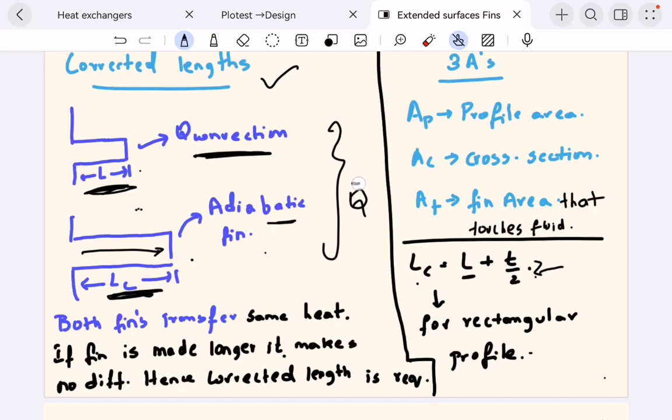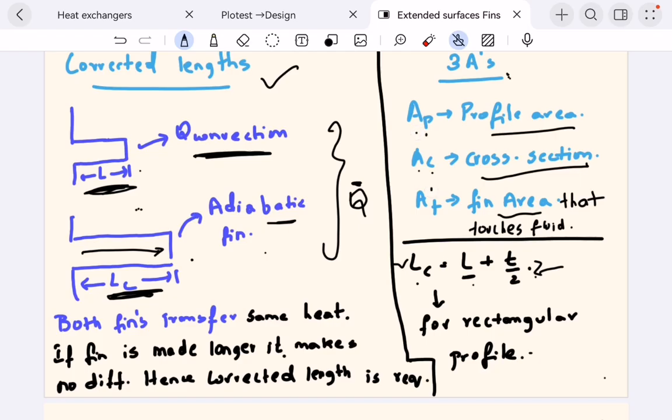But the rate of heat transfer remains the same in both the cases, right? So hence we need to use a corrected length, that is L plus thickness by 2 for rectangular profiles. Also, you will notice three A's in the formula. AP means profile area, AC means the cross-section area, AF means the fin area that touches the fluid, so to say. So remember these three A's and the corrected length.